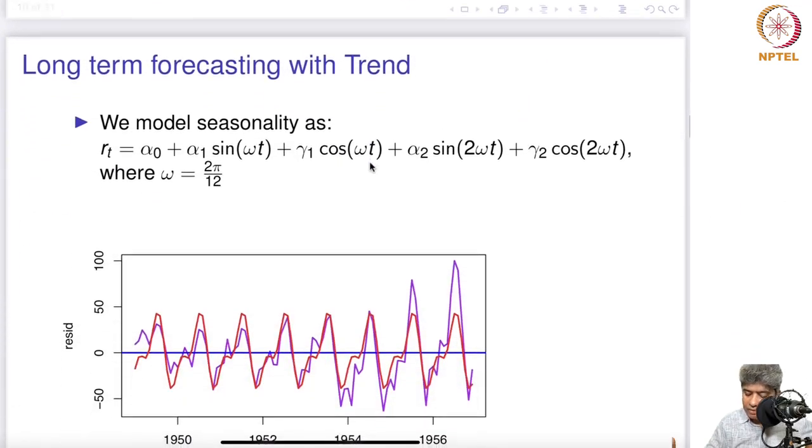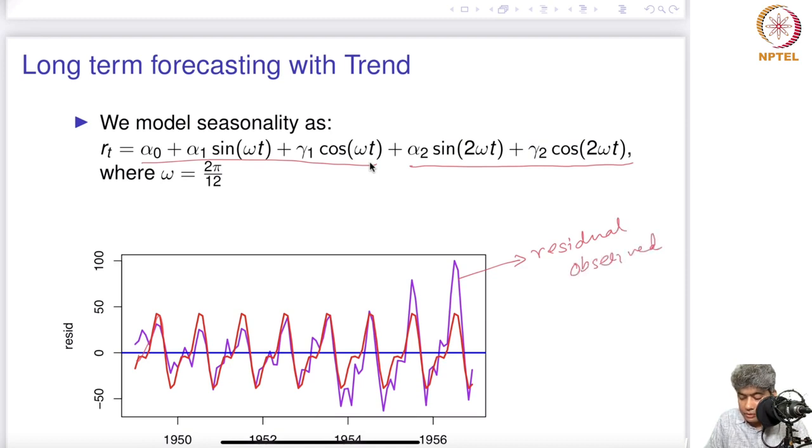Now we stopped after the first Fourier transform, so what about taking the second Fourier transform? After that we can add alpha 2 sine 2 omega t plus gamma 2 cos 2 omega t. You can clearly see this purple line is the true residual, the residual observed, and this red line is the estimated one from the model.